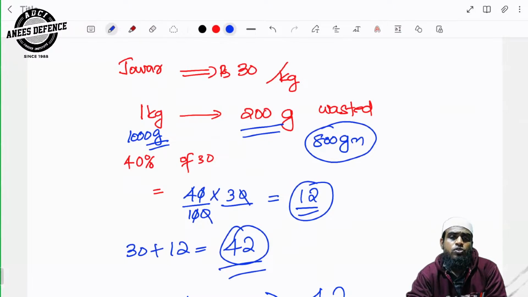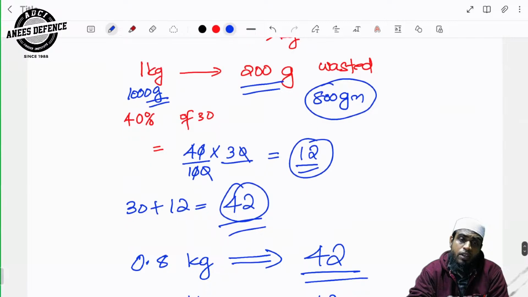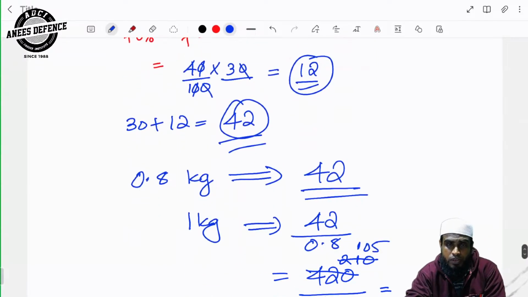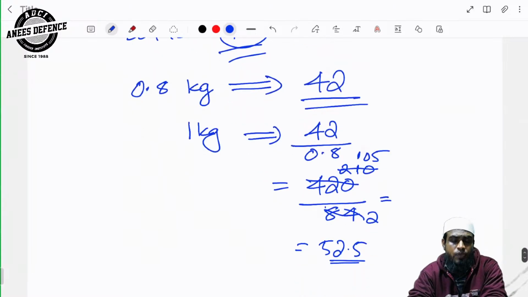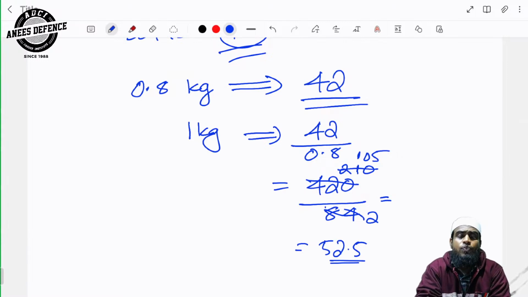So 30 plus 12, 42 rupees he should get for the remaining 800 gram. 800 gram means 0.8 kilogram. So if 0.8 kilogram costs 42, 1 kilogram will be 42 divided by 0.8. So you will be getting 52.5. So if he sells at a rate of 52.5 per kilogram, then only he will be able to make 40 percent profit. So that is the question.